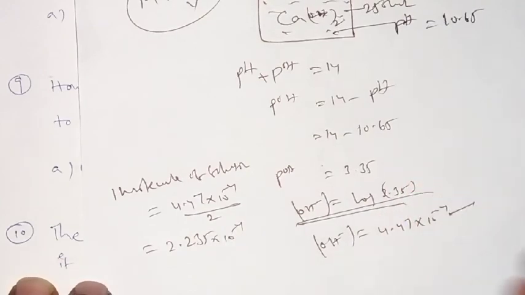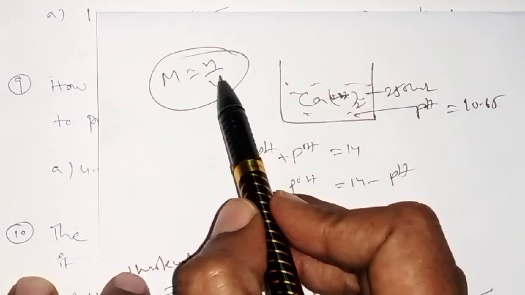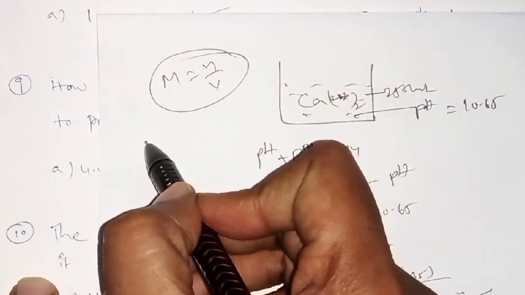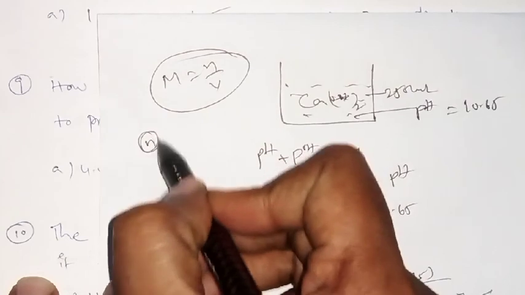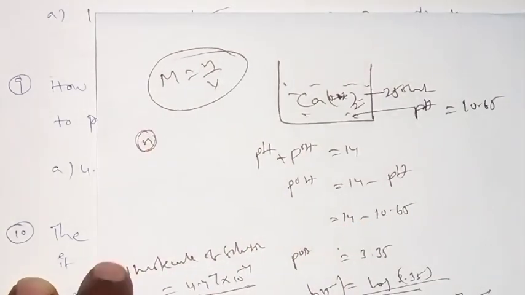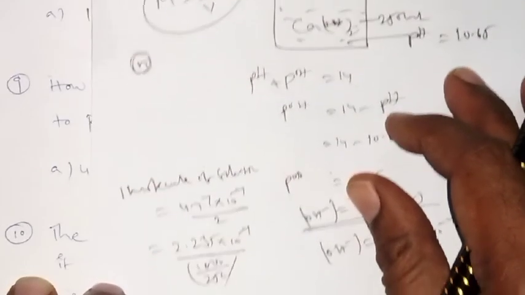Okay, now identify the number of moles. Just now I gave the formula M equal to n by V. From here, what is the value of n you will get? Number of moles, how to identify here? Already we got the solution concentration, so this value we multiply with the volume, 250 by 1000. What is the reason? You have to convert in terms of liters.